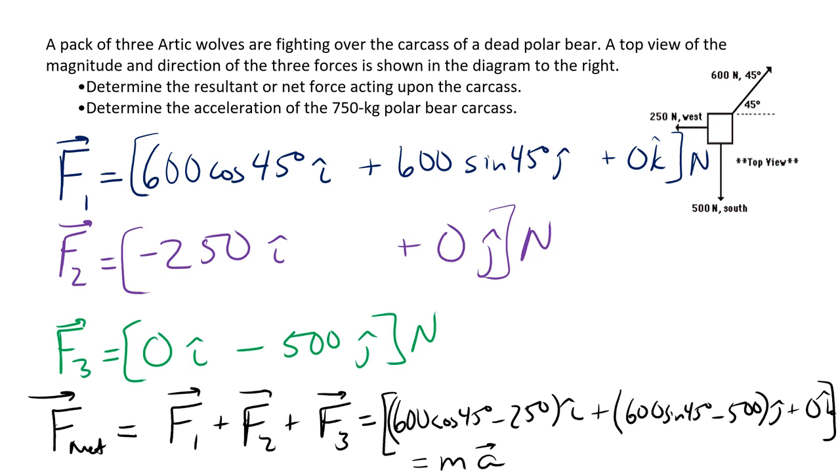And so the question that you have to ask yourself is, do you like putting everything in vector notation and dealing with an equation, adding it up this way where you're putting all your I hat, J hat components together? Or do you like the table method? Or do you like to sum up all the X components, sum all the Y components, and they're in their own little groups, right?